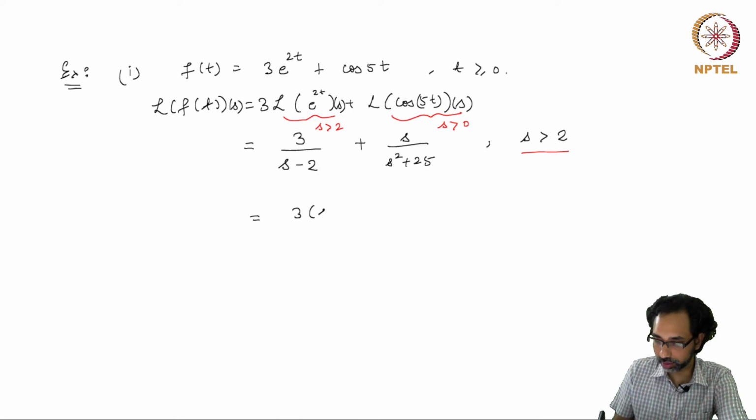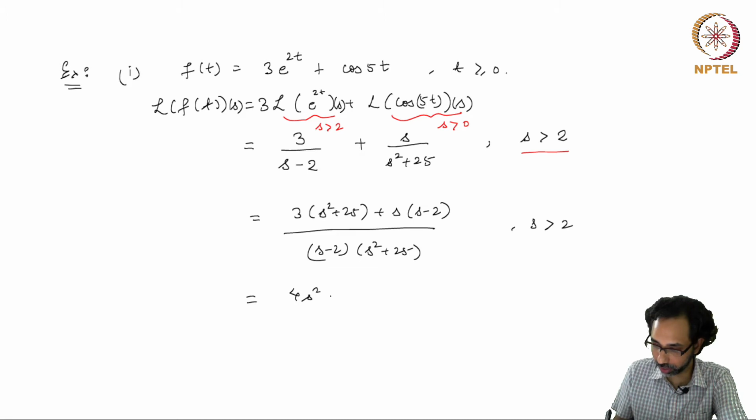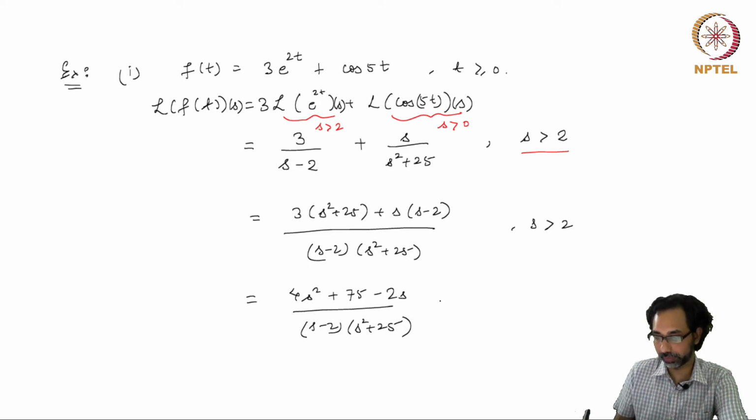You can try to write it in this form, 3 times s squared plus 25 plus s times s minus 2, over s minus 2 times s squared plus 25, s greater than 2, and here one gets 4s squared minus 2s plus 75 over s minus 2 times s squared plus 25. So for this region s greater than 2.